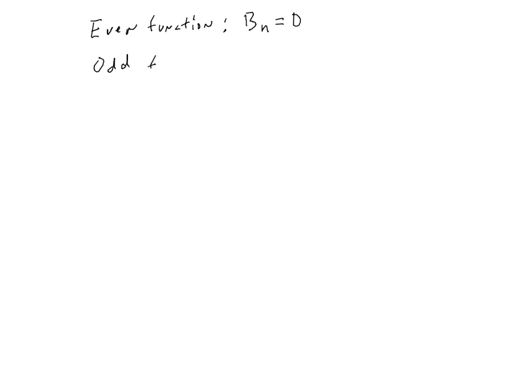If it's an odd function, that's the opposite. An odd function basically says a sub n's are all going to be equal to 0 because you're going to have something that's anti-symmetric about the 0. So this is an even function, and this would be an odd function.